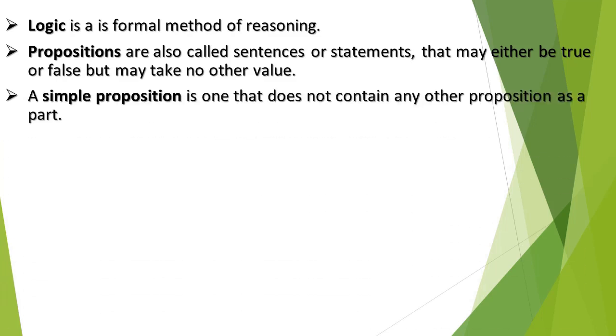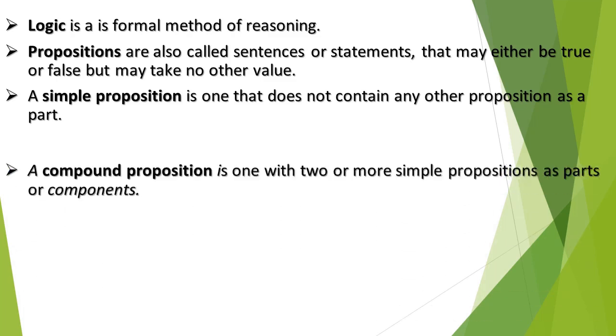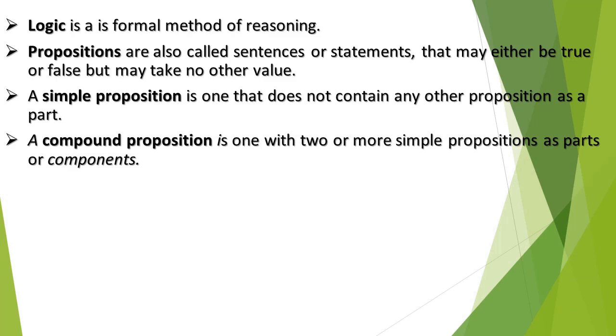We learned what is simple proposition. A simple proposition is one that does not contain any other proposition as a part. Then we have learned what is compound proposition. It is one with two or more simple propositions as parts or components.